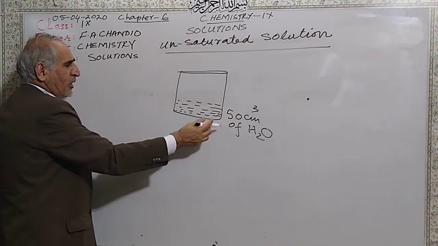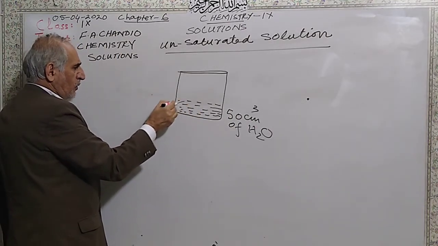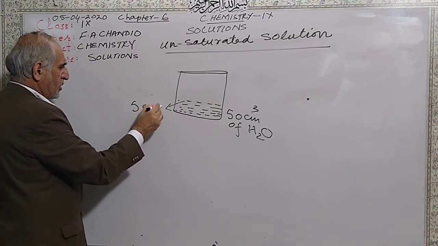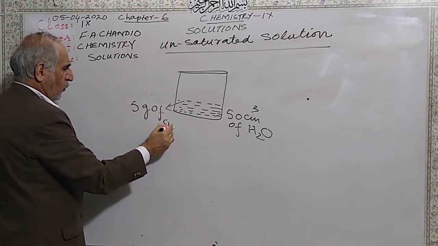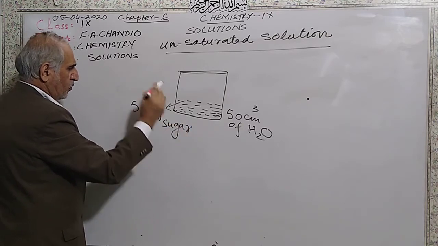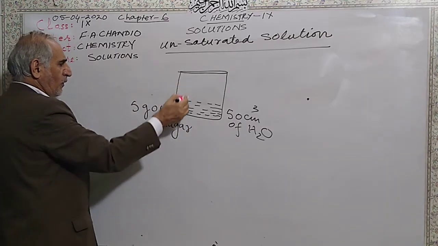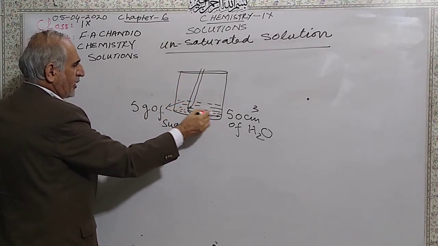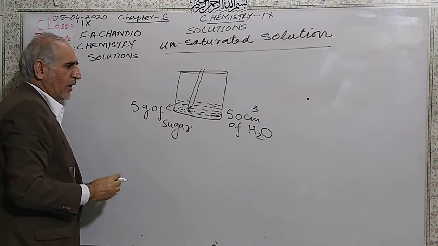So this is a solvent. When you dissolve 5 grams of sugar and stir with this stirrer, it is going to be completely dissolved in water.